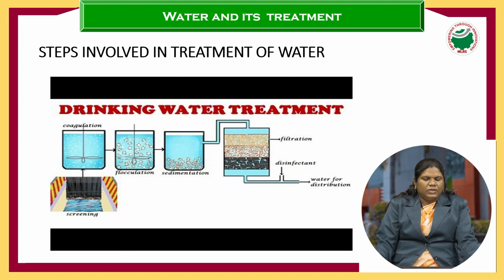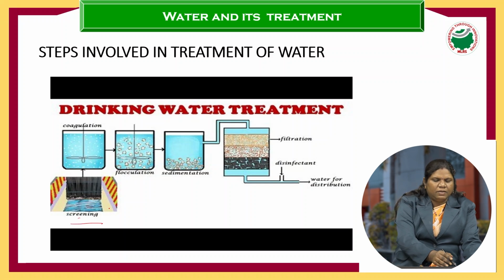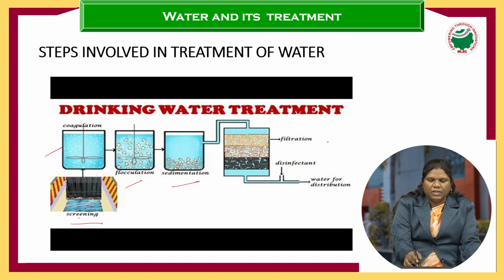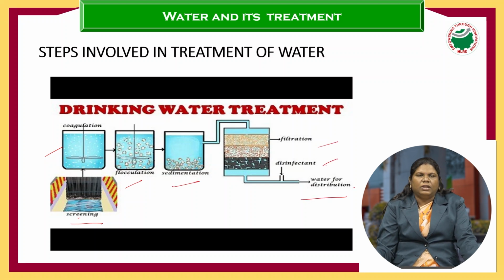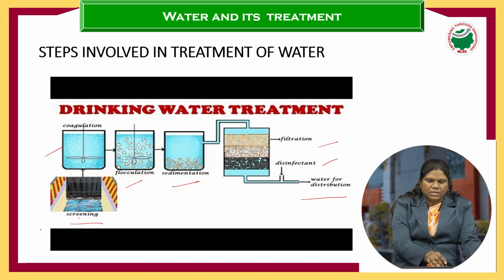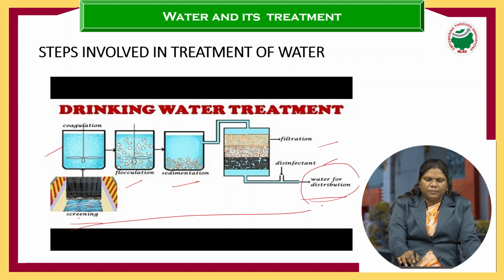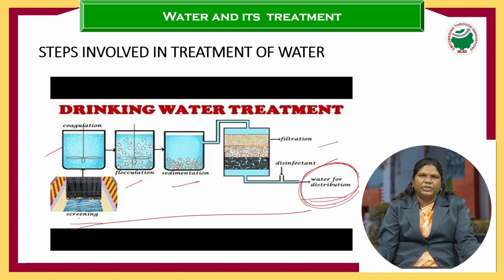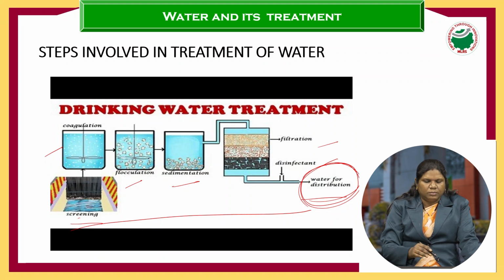Okay, first step is the screening, second one coagulation, third one flocculation, sedimentation, filtration, disinfection, and at last after all these steps the water will be distributed. Okay, these are all the steps before the water will be distributed, done by the municipal water supply. And next we will see one by one.